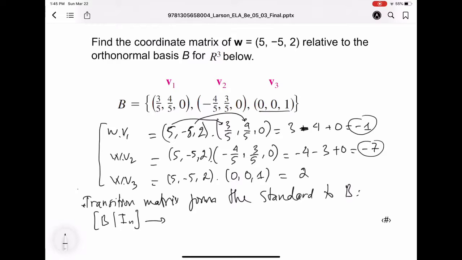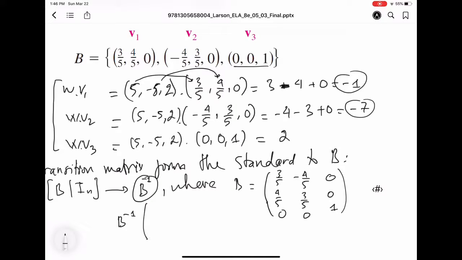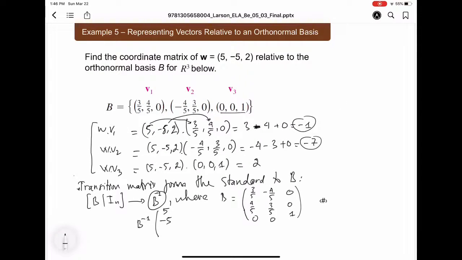And so that means you have to find the inverse of B, where B is 3/5, 4/5, 0, then negative 4/5, 3/5, 0, and 0, 0, 1. You write vectors V1, V2, V3 in column form. You need to find the inverse of B, and then you apply the inverse of B to the coordinates of W with respect to the standard basis. That means here you have 5, -5, and 2.